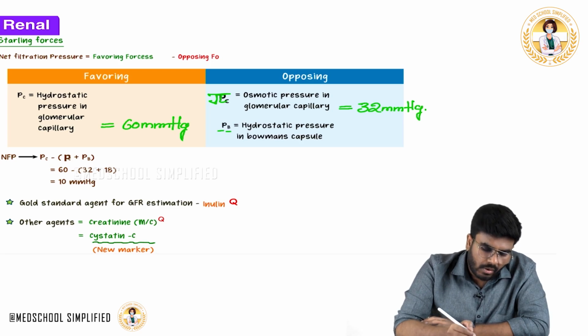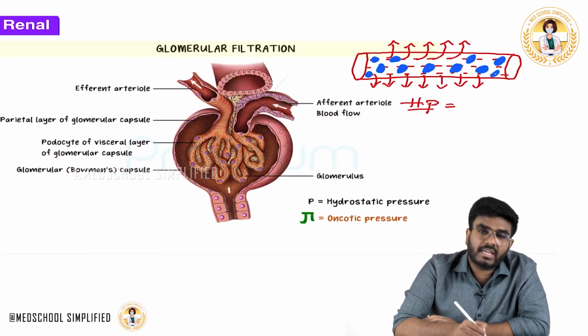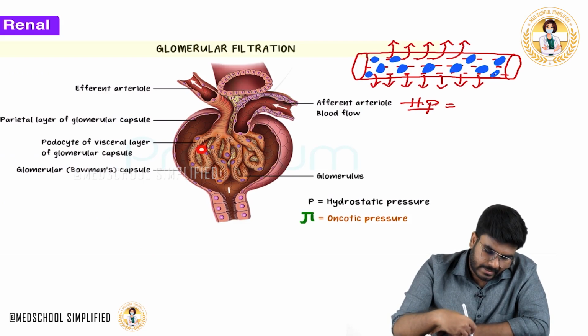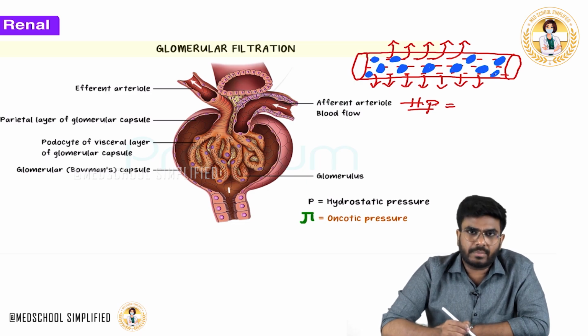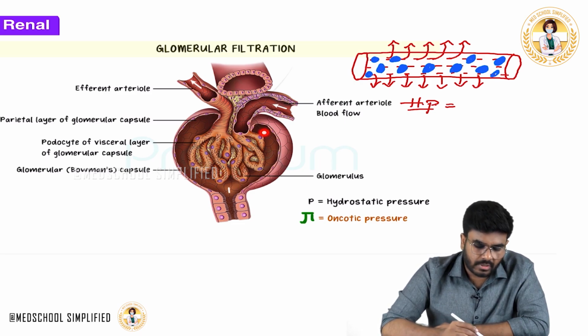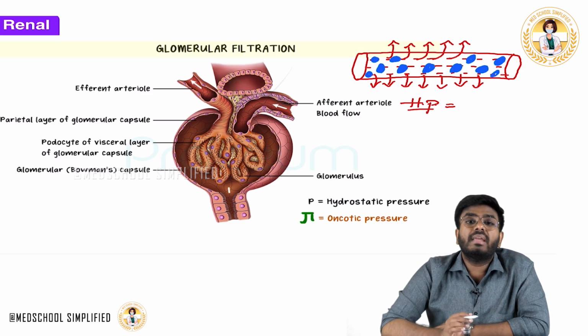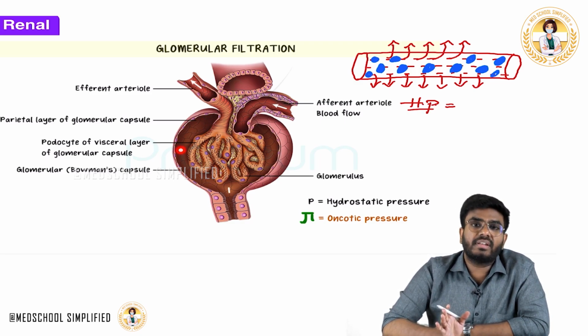Now what is the hydrostatic pressure in the Bowman's capsule? Look at the fluid in the capillaries; all the time it wants to come into the Bowman's capsule. But also remember, even in the Bowman's capsule some fluid is there. This fluid will act against the filtration.